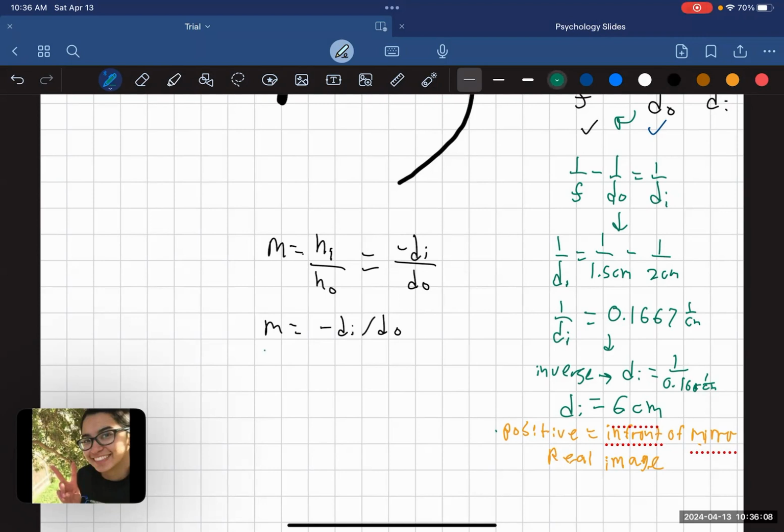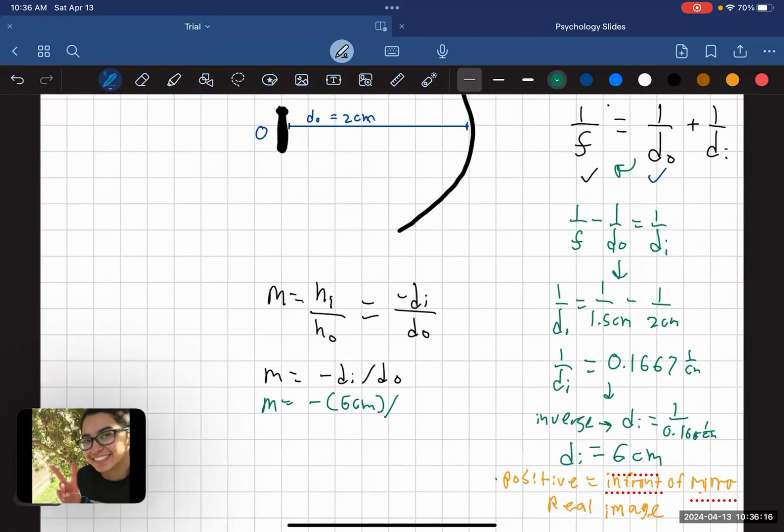Go ahead and plug that in. M is equal to negative 6 centimeters over your DO, which is 2. I believe that's just going to get you negative 3 centimeters. Because your M is negative, you know that it's an inverted image.